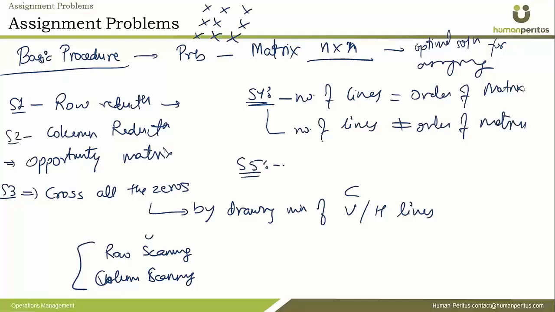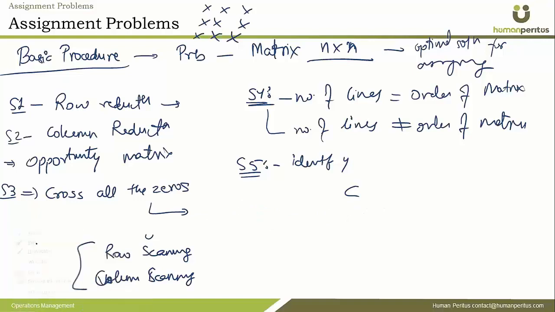Okay, in step 5, what we will do is identify the smallest uncovered value. Then we will subtract it from all the uncovered values, and we will add this value to the crossing points of the lines that we drew for rows and columns.